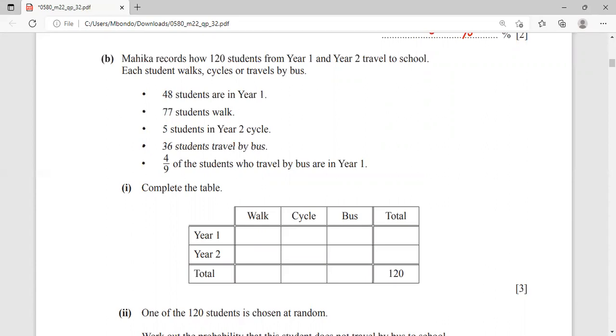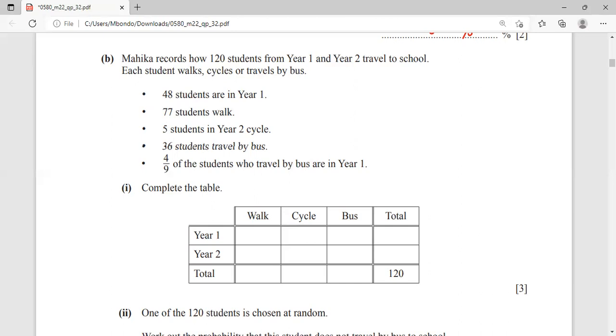Each student walks, cycles, or travels by bus. 77 students walk. 48 students are in year 1. 5 students in year 2 cycle. 36 students travel by bus. 4/9 of the students who travel by bus are in year 1.